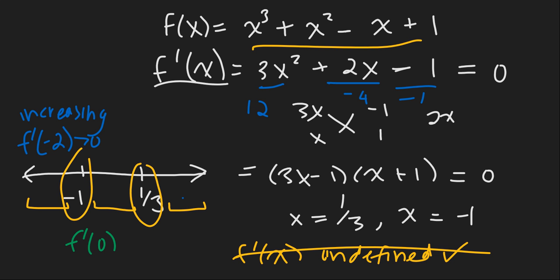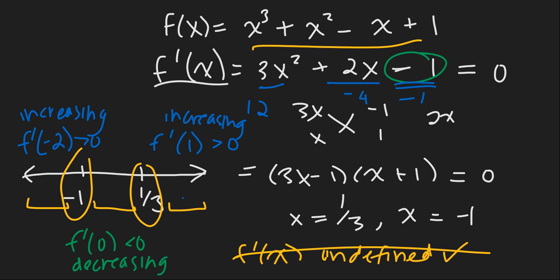As you can see, I'm just trying to put the easy numbers. That just results in -1, less than 0, decreasing. And then here, f prime of 1, they're all going to be positive, except for this one, but that's cancelled. So this is going to be greater than 0, increasing.